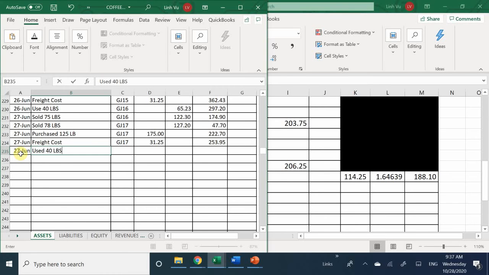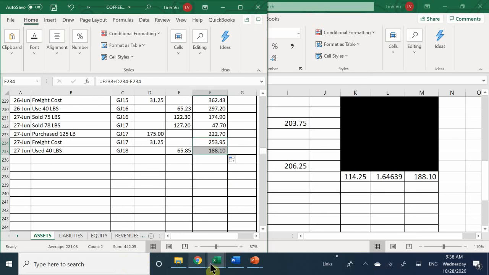General Journal 18. And then we're going to credit it for 65.85. And the total that I have is 188.09.